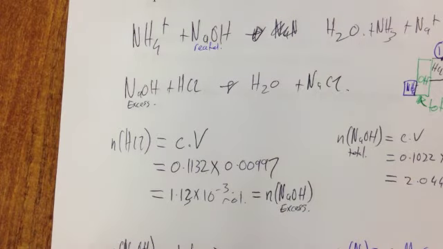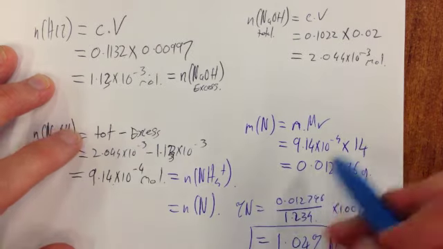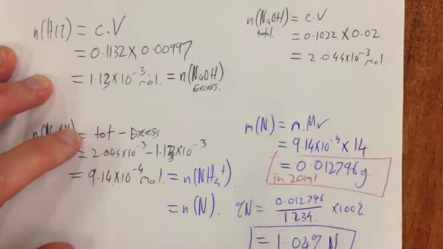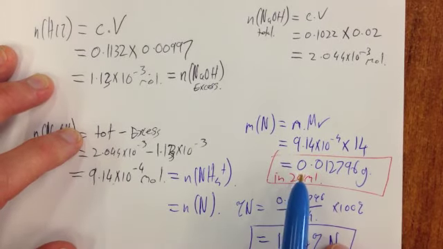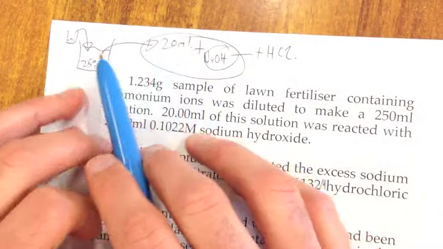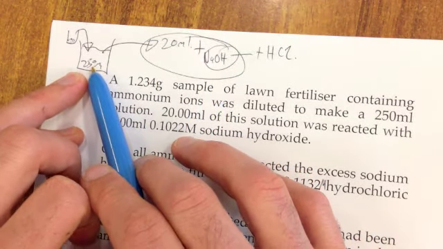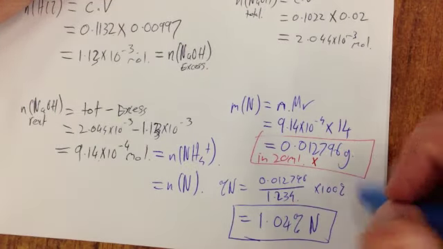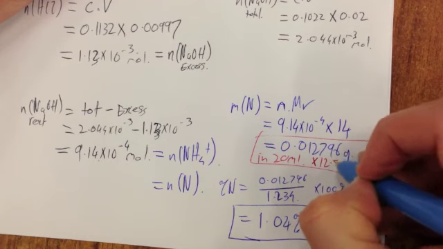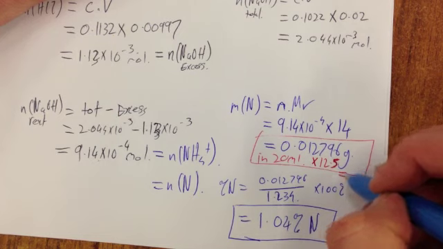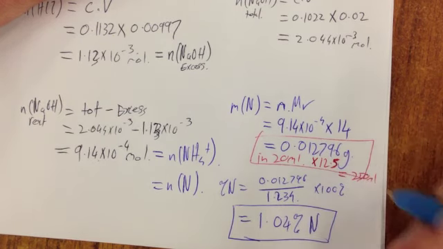Okay, I need to go back and look at this. This is the mass that was in my 20 mL aliquot. Looking up here, remember, 20 mL was taken from 250 mL. So really, what I should have done is multiplied this by 12.5 to get from 20 mL to how much is in 250 mL.